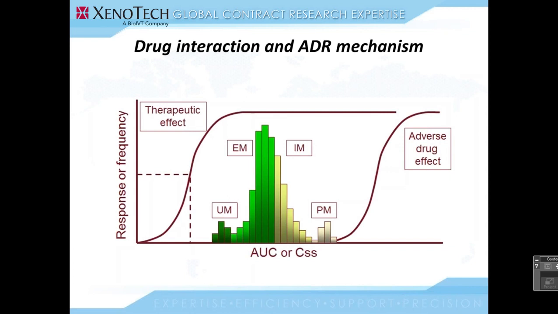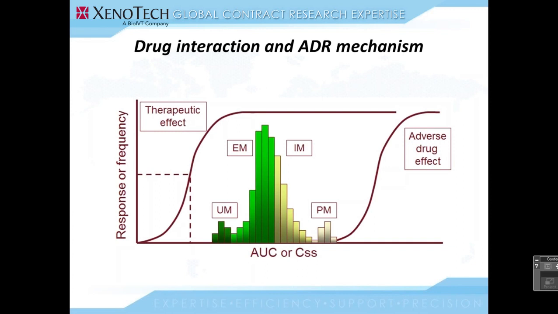Patients with high ability to metabolize the drug, let's say we call them ultra-metabolizers sometimes, and patients with a low or no ability to metabolize the drug have benefits of its therapeutic effect and do not experience adverse effects.